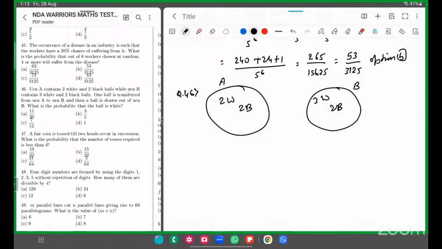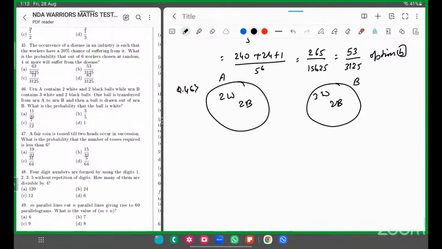One ball is transferred from A to B. Probability of white ball from urn A is 2 by 4, that is 1 by 2. Probability of black ball from urn A is also 1 by 2.